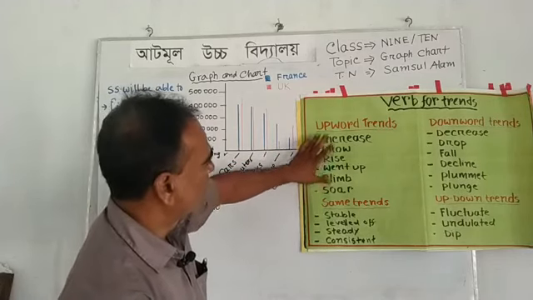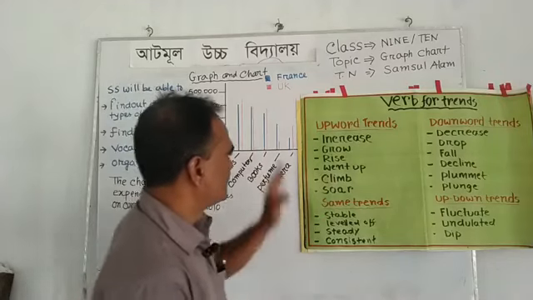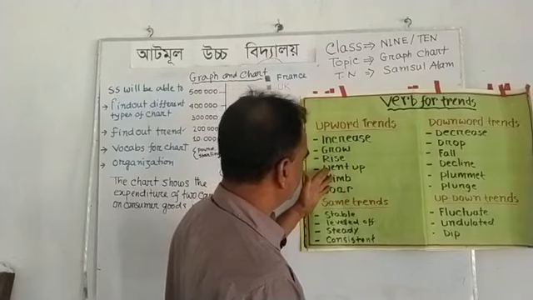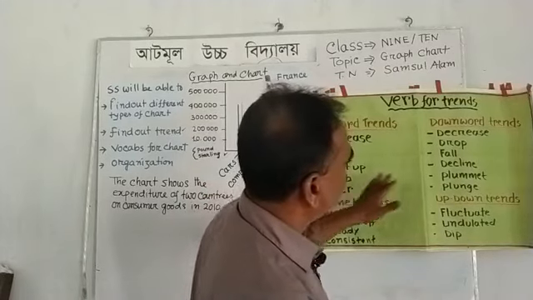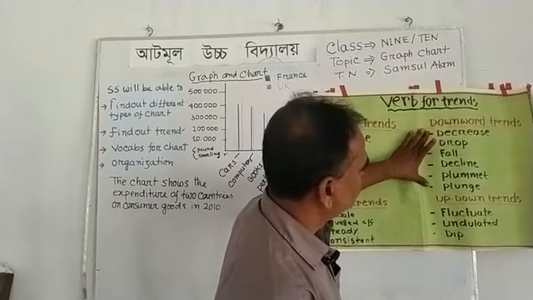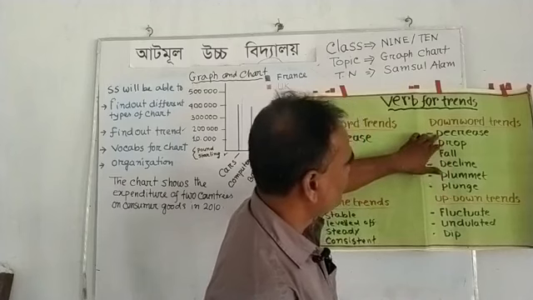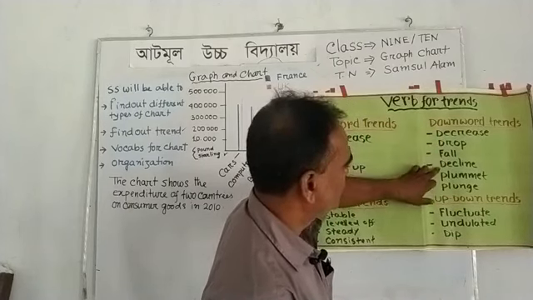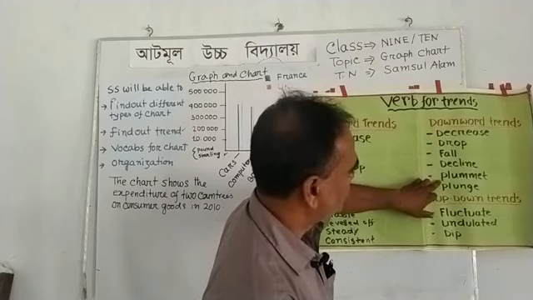When the trend is upward, we will use these verbs. If the trend is downward, we will use these verbs: decrease, drop, fall, decline, plummet, plunge.